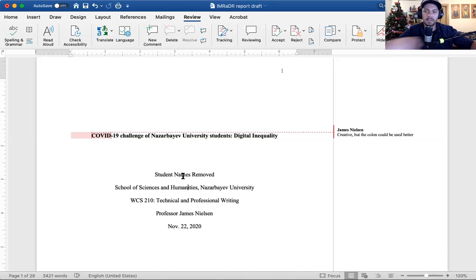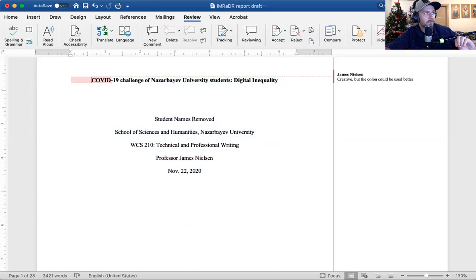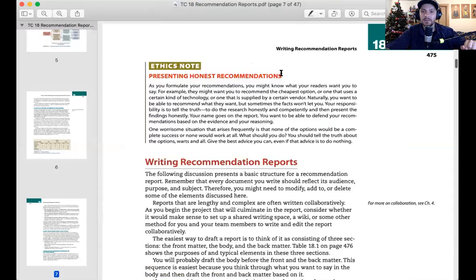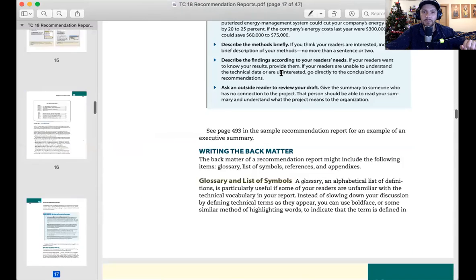If you're using APA, you can do your title page like this, or you can do it as it's shown in our textbook. Let's look at that really quick, okay? And I'm actually going to require those using IEEE to do it like they do in our textbook as well here, okay? So I'll show you real quick.